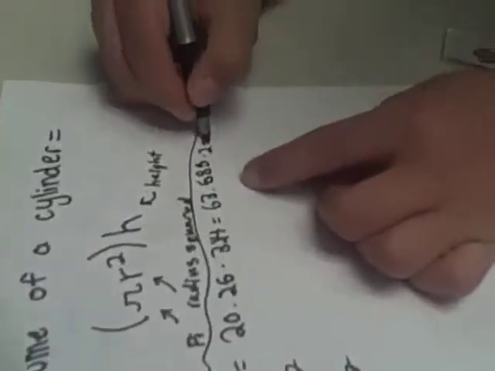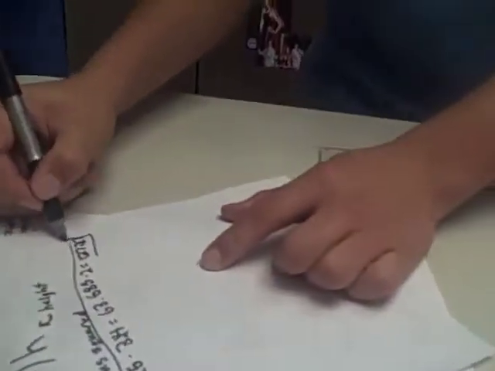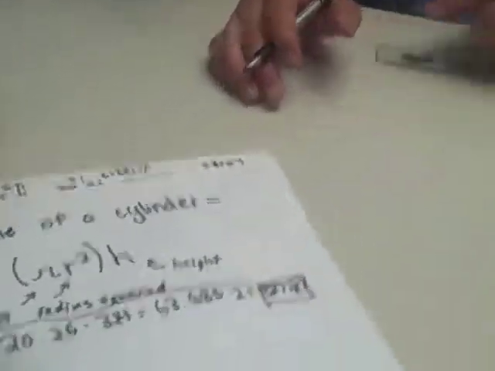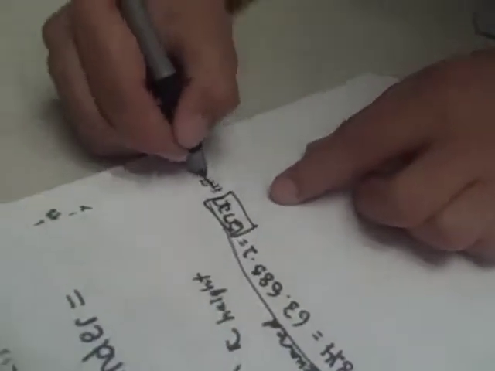And then that times 2, which was the height, equals 127.27, our volume for the large. That was 100% correct, what it should have been: 127.27 inches cubed. As I said earlier, the measurements for volume are cubed: inches cubed, centimeters cubed, or meters cubed, and we're using inches cubed.